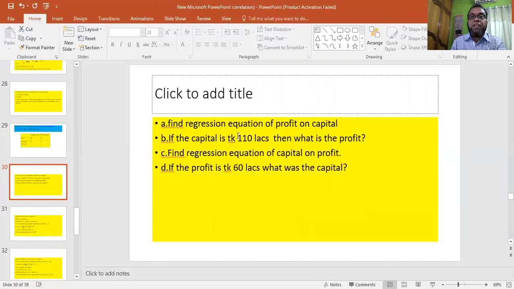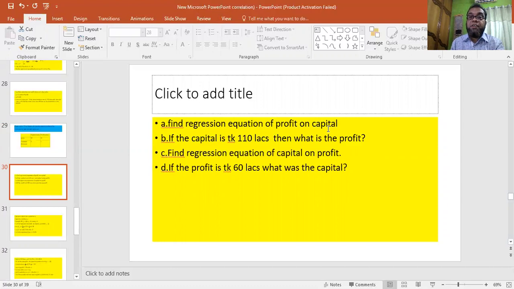Find the regression equation of profit on capital. That is, you have to understand it clearly. Which equation do you have to find?